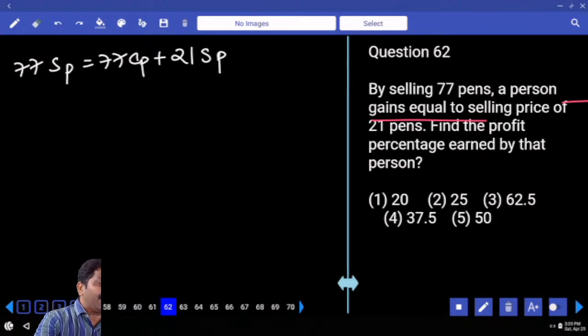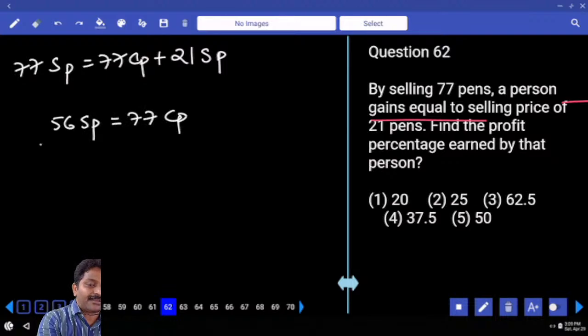Take this to the left hand side. 56 SP is equal to 77 CP. What is 56? Number of articles.